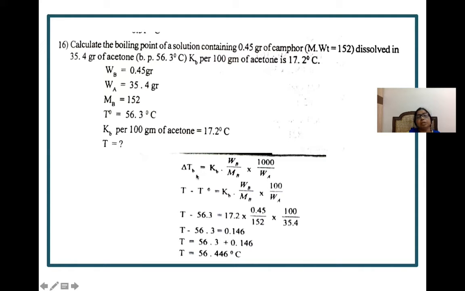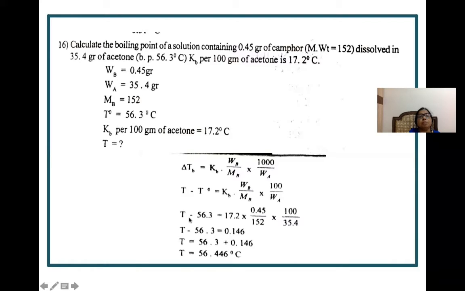So delta TB is equal to Kb into Wb by Mb into 1000 by Wa. Here, T minus T naught is equal to Kb into Wb by Mb into 100 by Wa.